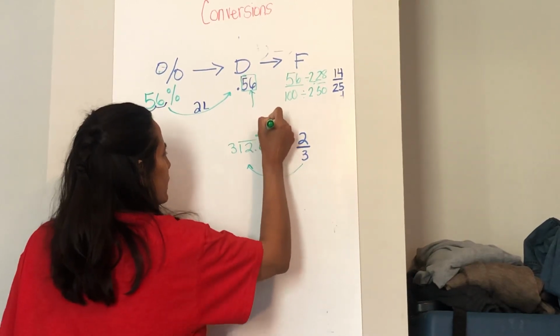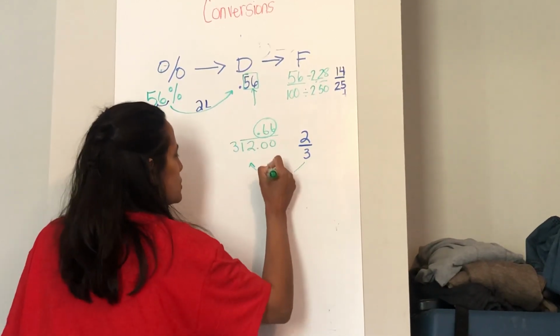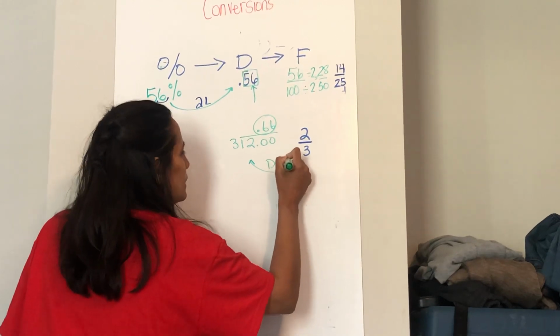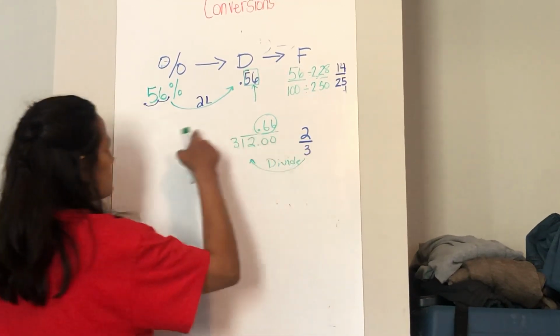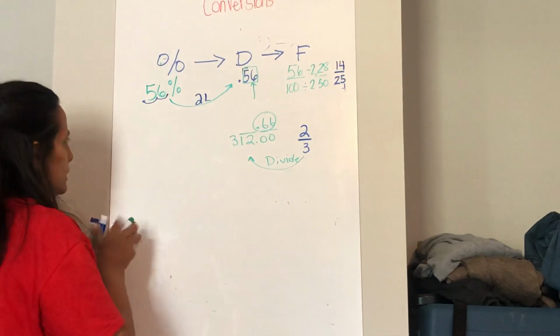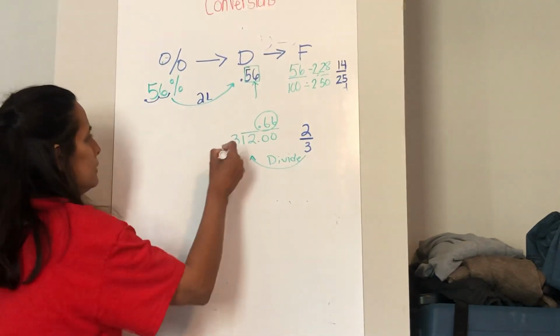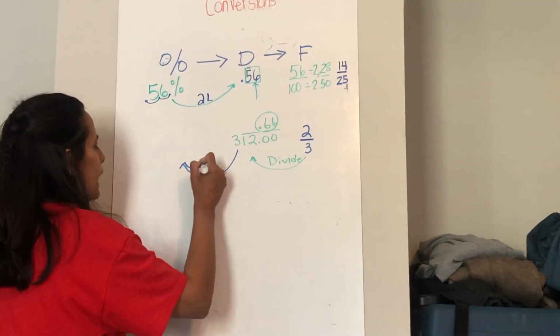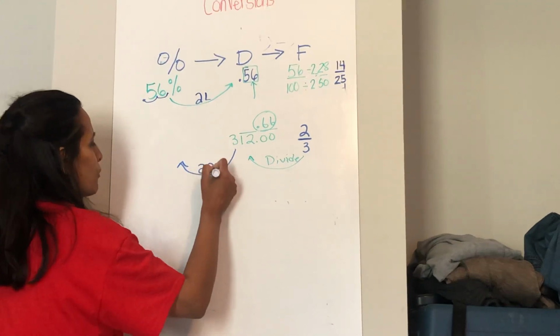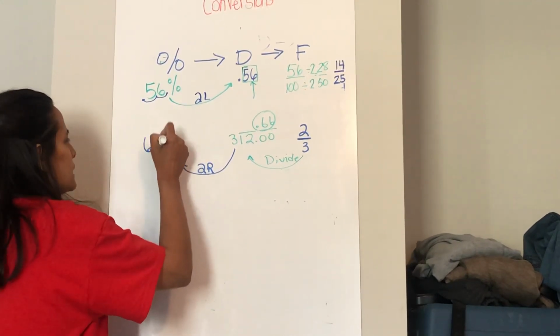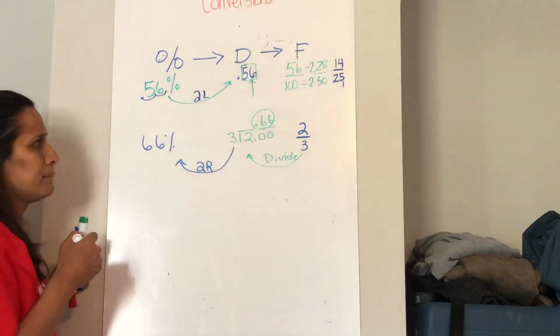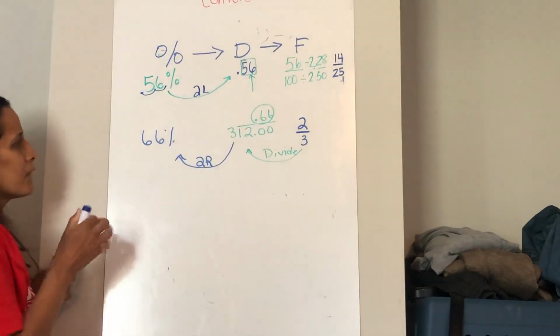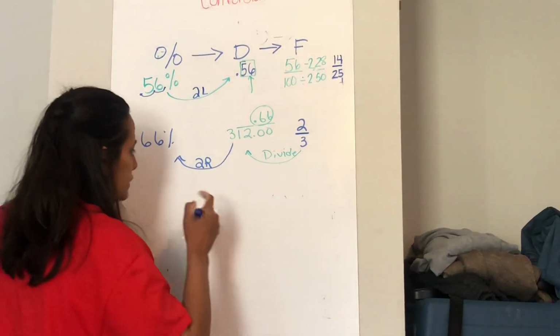That becomes 0.66 as a decimal, so I divide it. And if I have to make that a percent, I'm going to move 2 places to the right, and it becomes 66%.